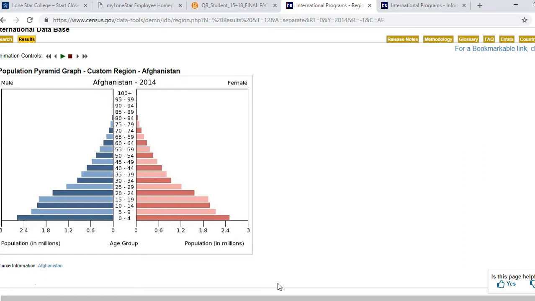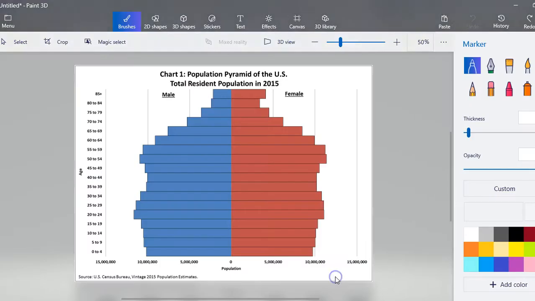There's another dramatic drop from 15 to 19 to 20 to 24, and in contrast, the United States population in the younger age group is much smaller, and then there's a jump in the population size from the 15 to 19-year-old group to the 20 to 24-year-old group.